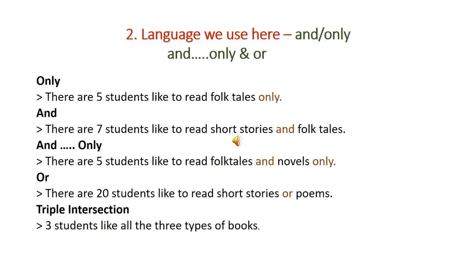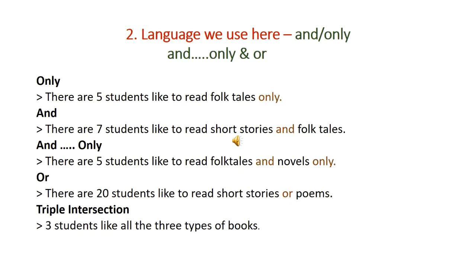Language we use here. We usually use and, only, and or conjunctions to link the ideas here. Examples. Only: there are 5 students who like to read folk tales only. And: there are 7 students who like to read short stories and folk tales.